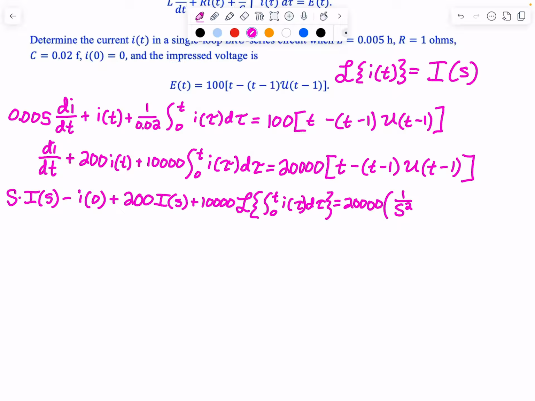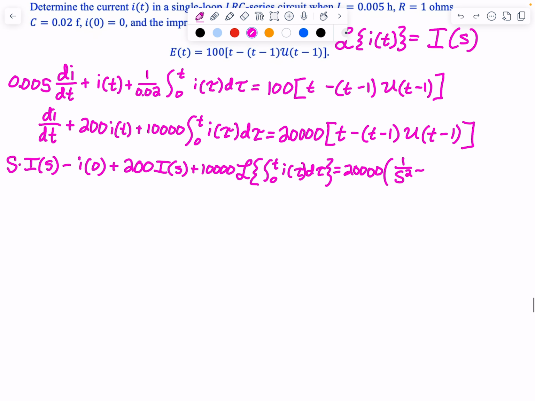All right, and then what we're going to use here is we have t minus 1 and u of t minus 1. So remember, this is treating this as, I'll have a negative, but that's just a t. And then I'm going to flip it over. Let me write the rule down. I feel like I'm messing this up. The Laplace of f of t minus 1 times u of t minus 1.